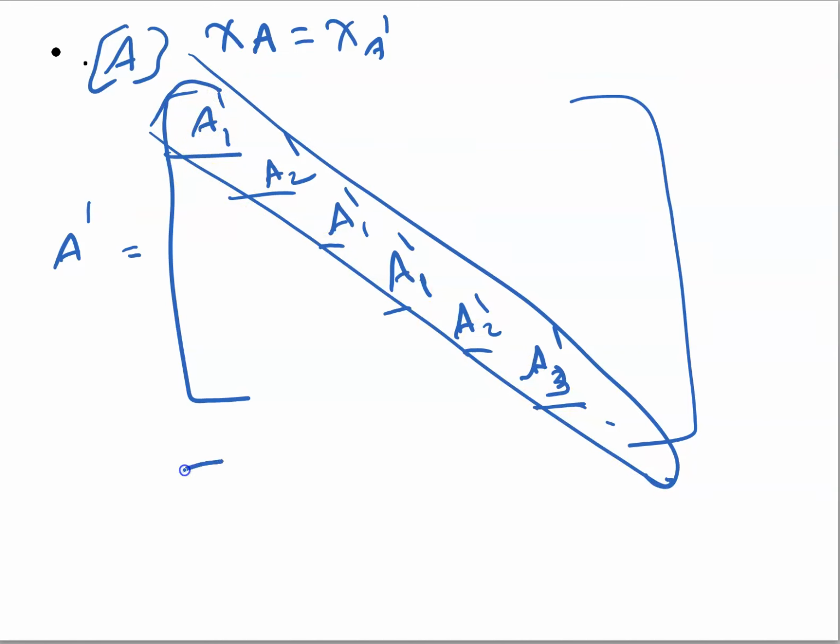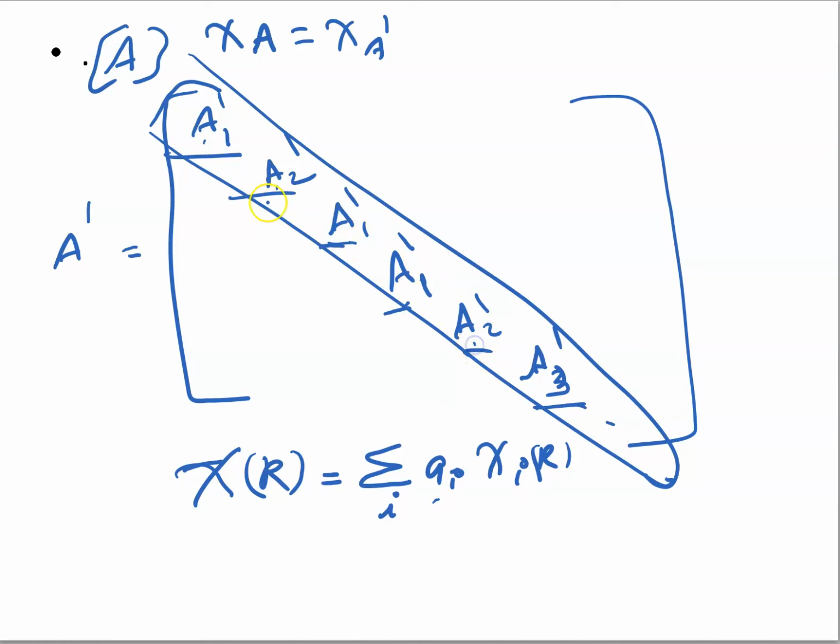So we can write here chi R, that is the character of the reducible representation, is equal to sigma i a_i chi_i R. That is, character of A1 dash plus character of A2 dash plus so on. A1 dash is coming here 3 times, so 3 into character of A1 dash. And A2 dash coming here 2 times, 2 into character of A2 dash, like that. So we can write chi R is equal to sigma i a_i chi_i R. And that is given here.